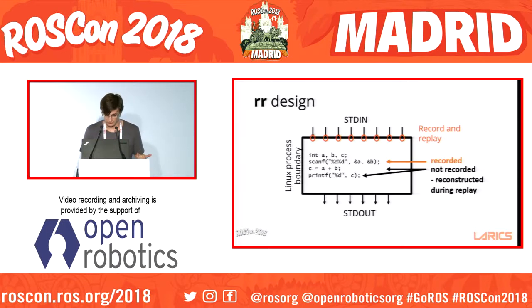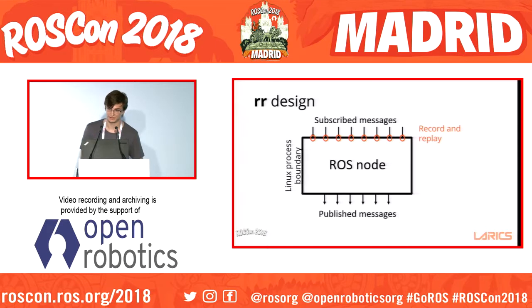So here, for a simple program which would just read in two numbers, sum them up and display them, what would be recorded would be only these two numbers. And if you have the original executable, you know that what the executable does is add these two numbers together and print them out. So this makes for a lightweight recording of the executable. In the case of a ROS node, the non-deterministic inputs would be the incoming messages.